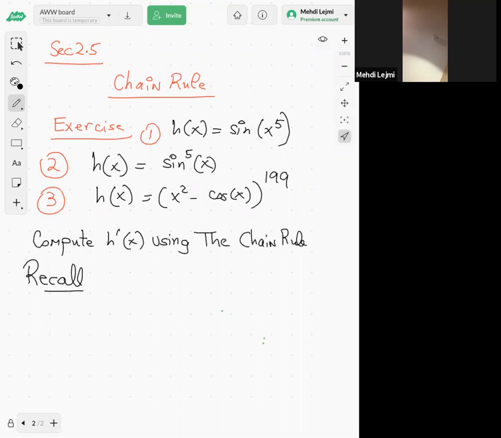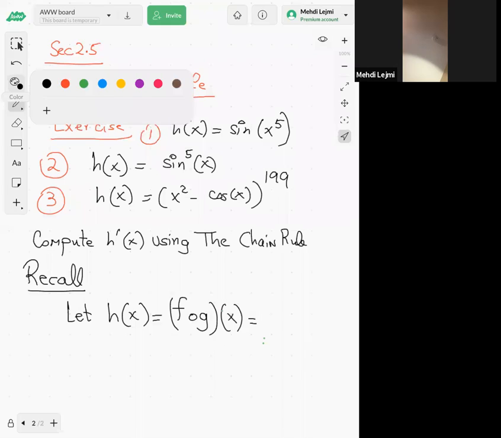So if you have h of x equal to the composition of two functions, f and g, right? F composed with g of x. We read this as f composed with g. And what does it mean, f composed with g of x?